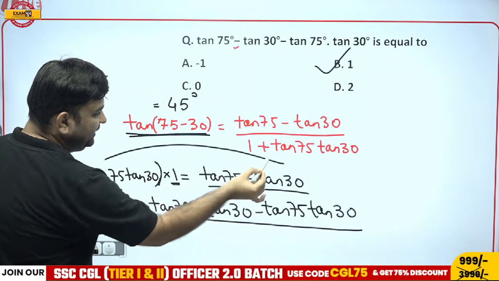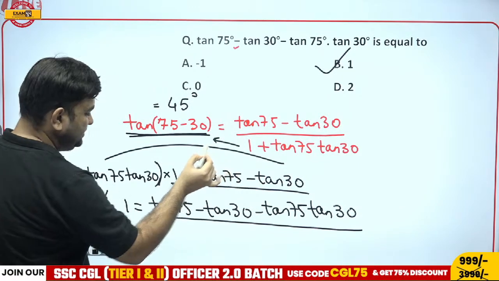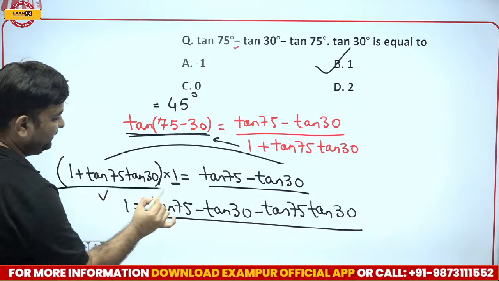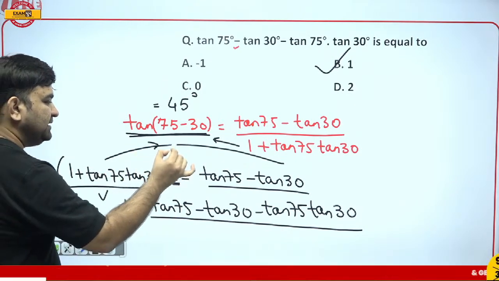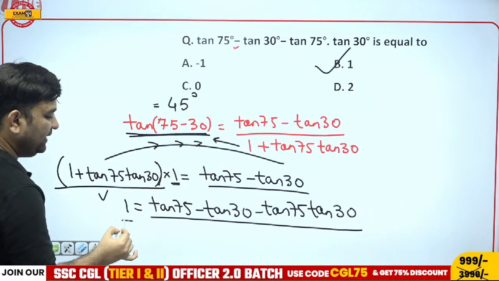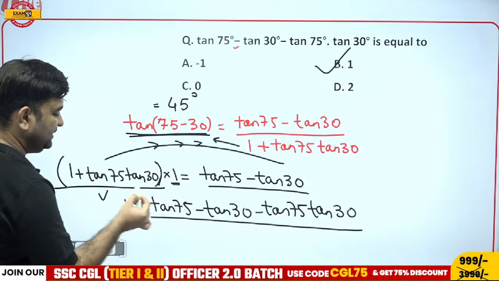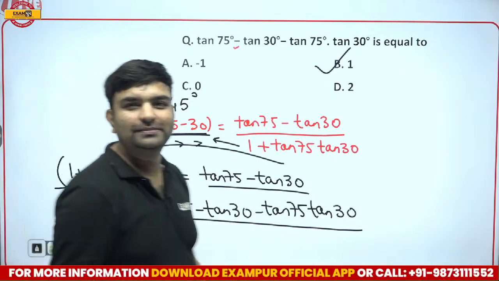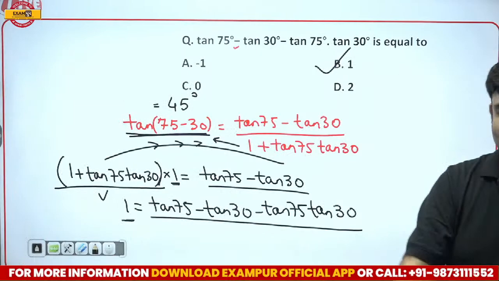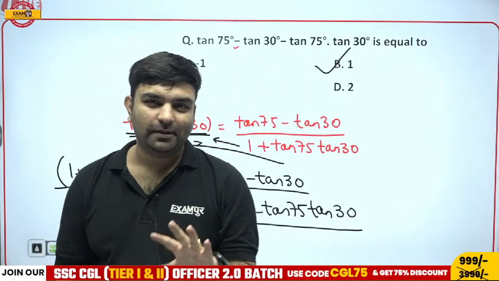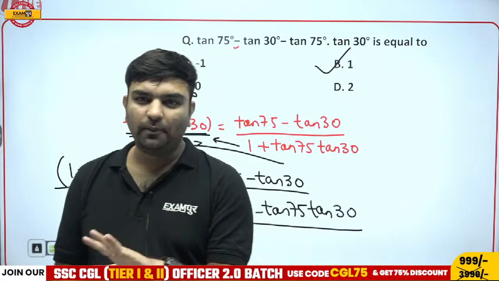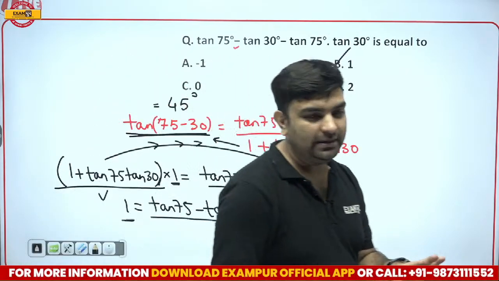Tan 75 minus tan 30 will come on the right hand side, upon 1 plus tan 75 tan 30. If I take this value to the right hand side, 1 is equal to tan 75 minus tan 30 upon 1 plus tan 75 tan 30. I told you guys that we have done a problem of this type, and I'm expecting the answers.